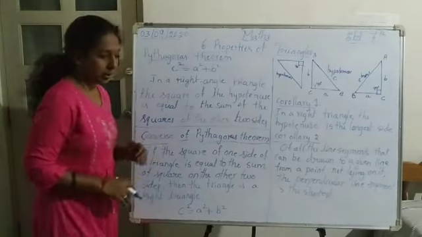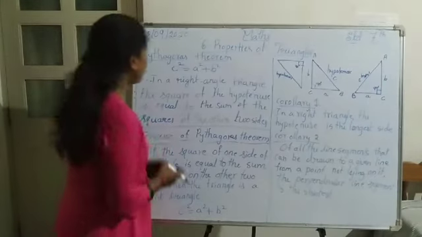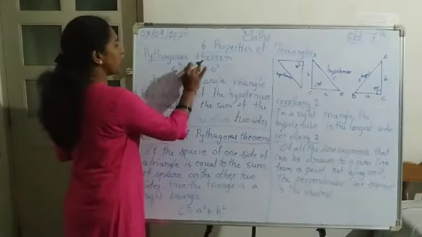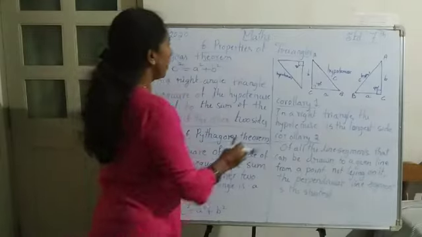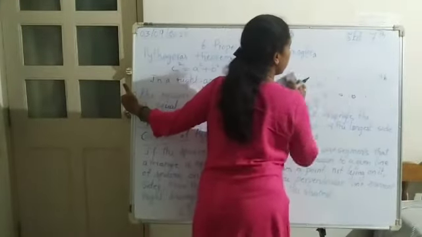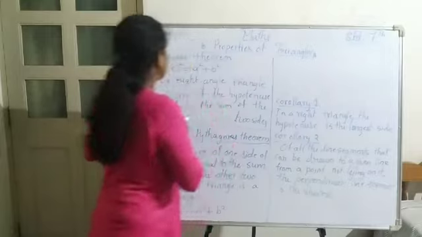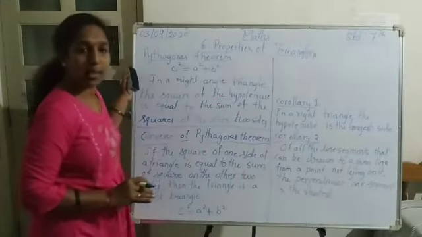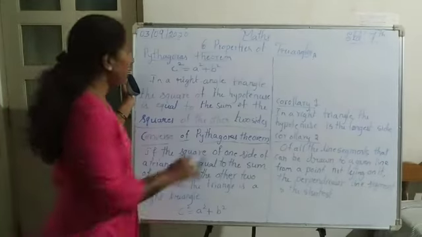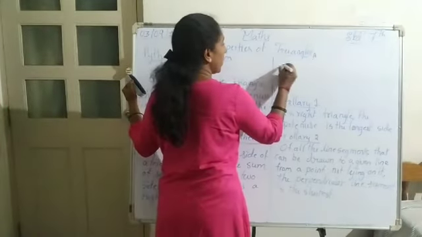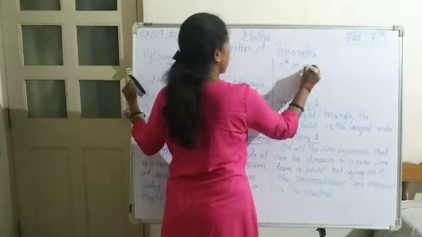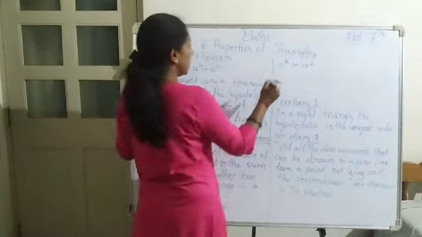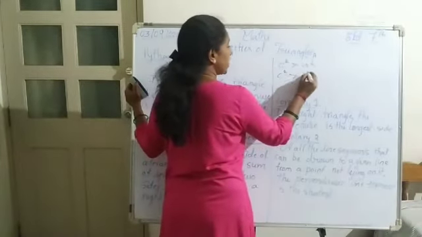Here, c square is equal to a square plus b square. This is the Pythagoras theorem. It means that c square is greater than a square, and in the same way c square is greater than b square.